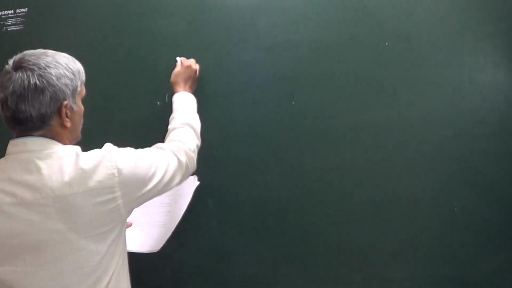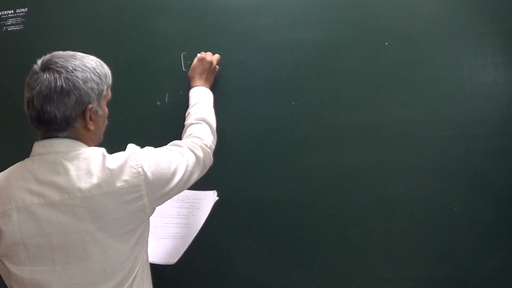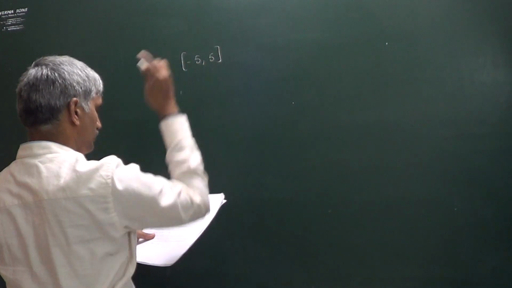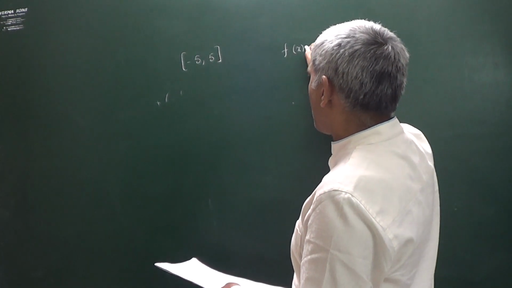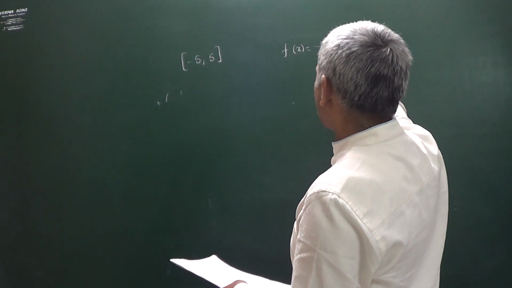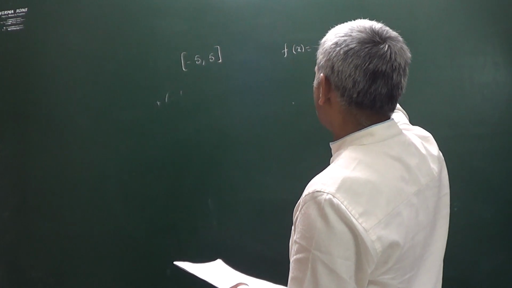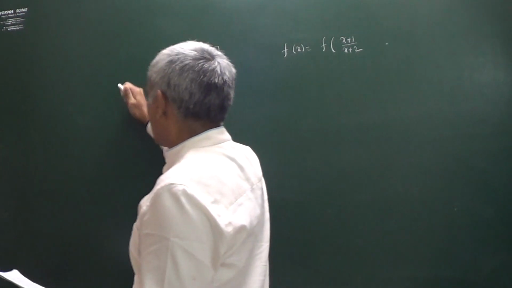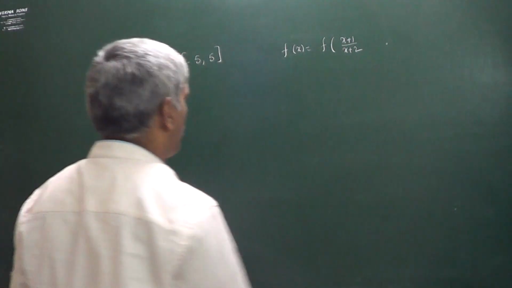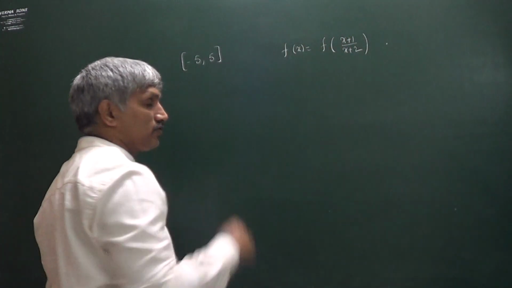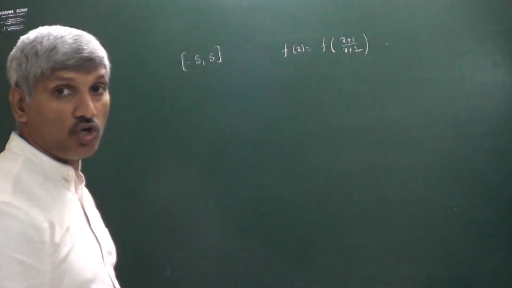f is an even function with domain the closed interval minus 5 comma 5. The number of real values of x satisfying the equation f of x is equal to f of x plus 1 divided by x plus 2. So the information is saying that f is an even function. The number of real values of x satisfying this equation in this domain.